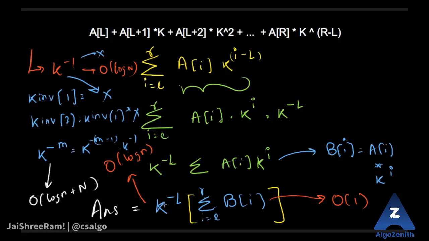But then every query will have k to the power minus L, and this L can only be in the range of 0 to n minus 1, right? The L has to be inside the array. So there are only n different values that you need to store. So all of them are readily available in this array. So you can find this value in order 1, right? You can take this from the k inverse array that you created. So with this pre-computation as well, you can get the whole query part in order 1.